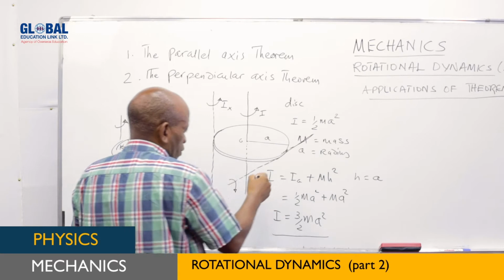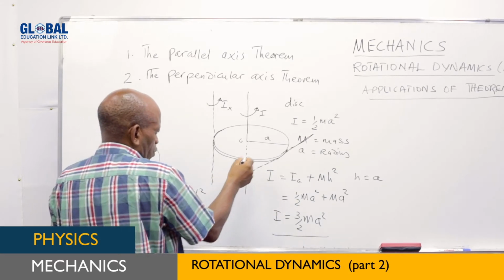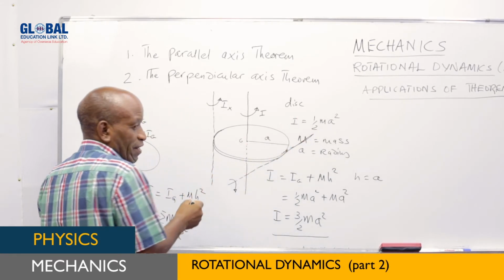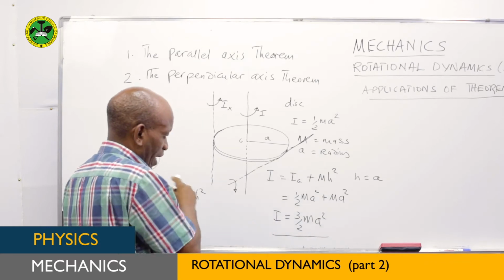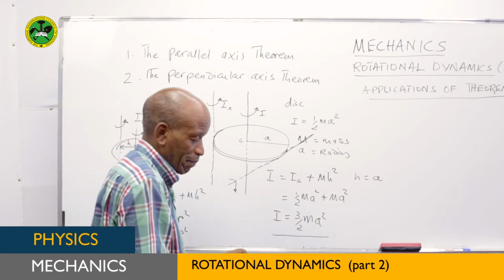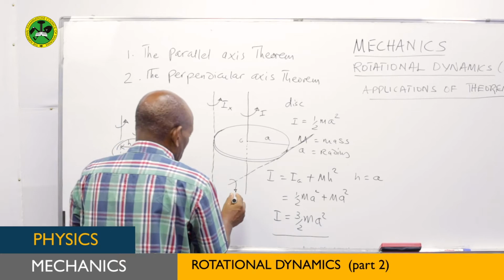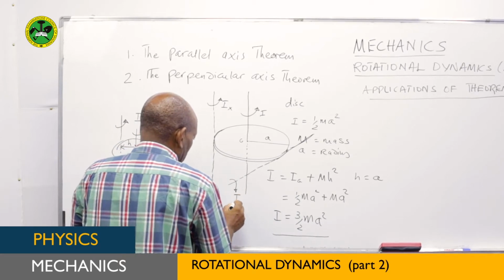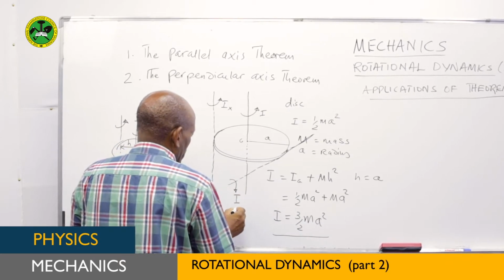That is an axis which, if I could have another axis passing over a plane, this will be the axis which is just passing over the same plane. So to determine the moment of inertia of this one here, let me call this IO.